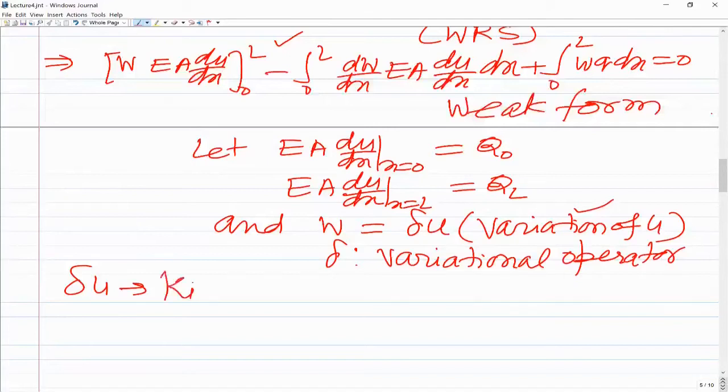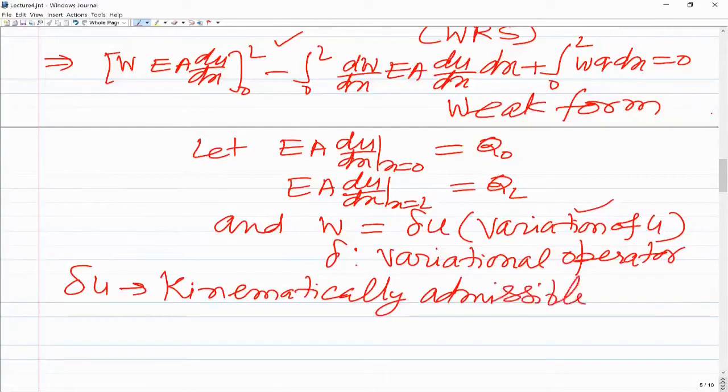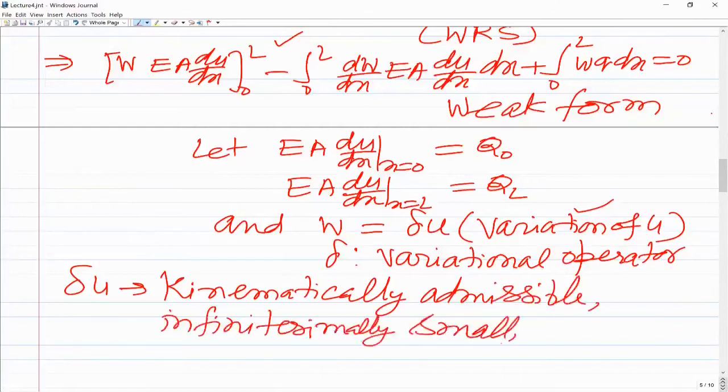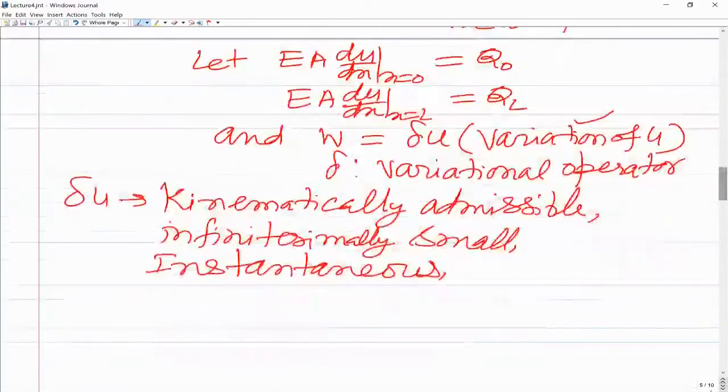One thing is that this variation in u has to be kinematically admissible. I will tell what these terms mean. Kinematically admissible, infinitesimally small, and instantaneous, and the last thing is that it is a virtual displacement.